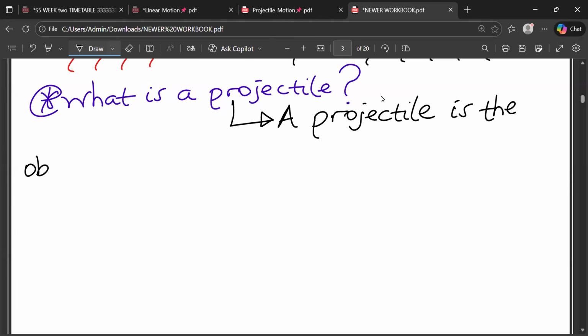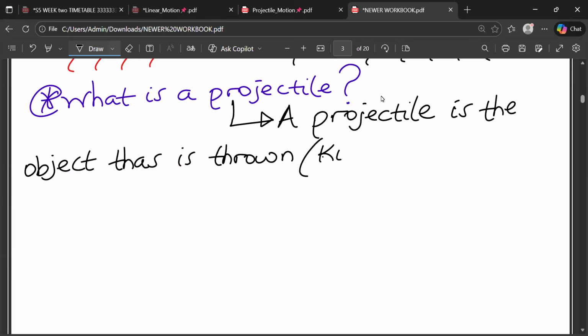So let's say that a projectile is the object that is thrown. You either throw, maybe it is a stone, you either kick if it's a ball that is kicked, fired if it is a bullet, or you launch it.